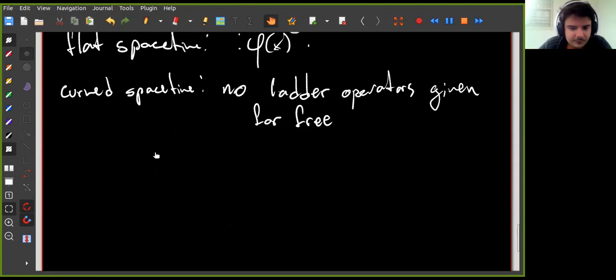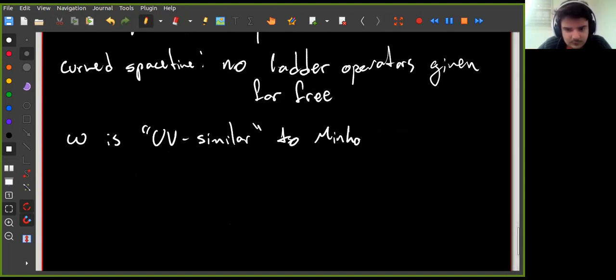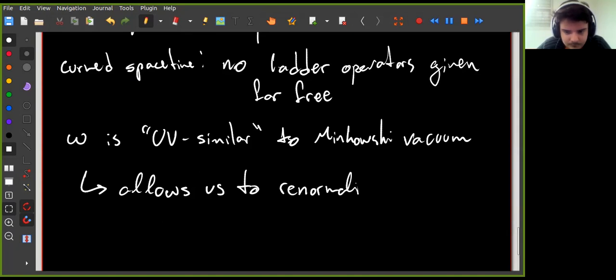Hence, what we must do is the following. We assume that the state is UV similar to Minkowski state, to the Minkowski vacuum. Since it is UV similar, or locally similar to the Minkowski vacuum if you prefer, it allows us to renormalize these expressions.